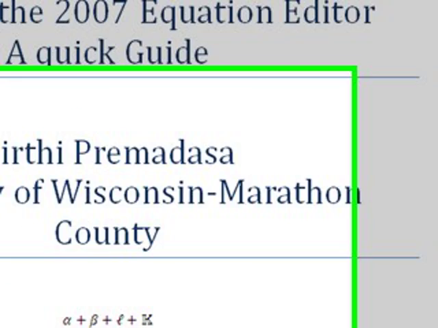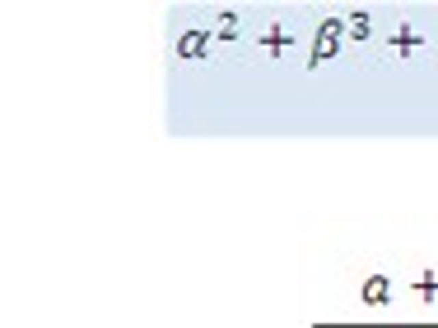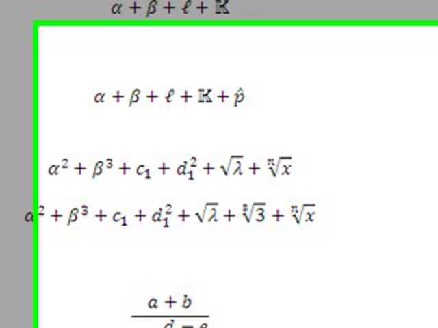Okay, so the main advantage of the 2007 equation editor for Word is that, unlike the 2003 equation editor for Word, where you have to drag and drop every formula, every equation, every expression, here you can enter equations and expressions via keystrokes, just as if you are entering text or LaTeX.